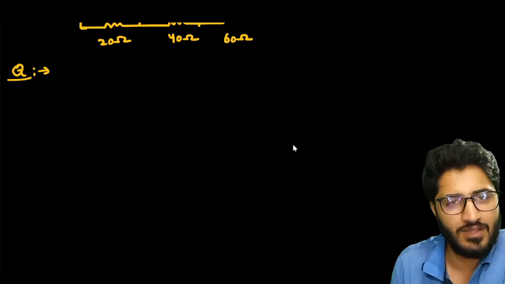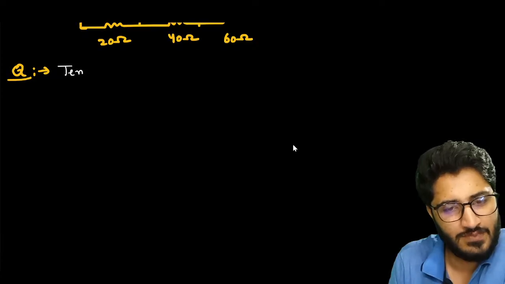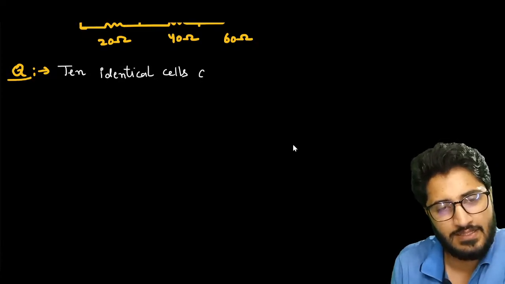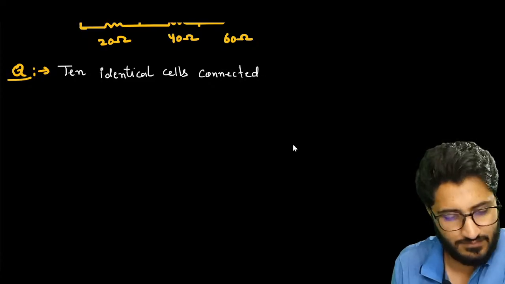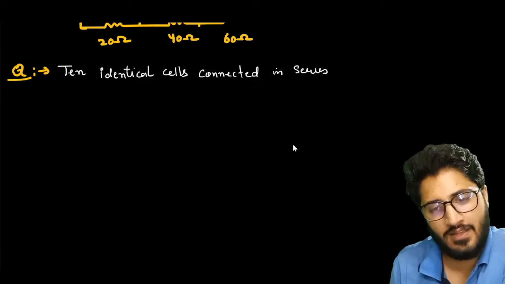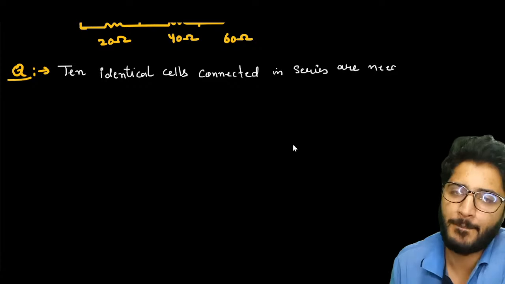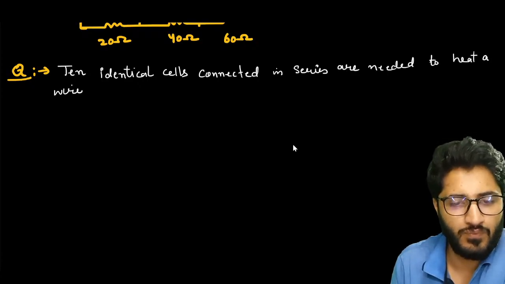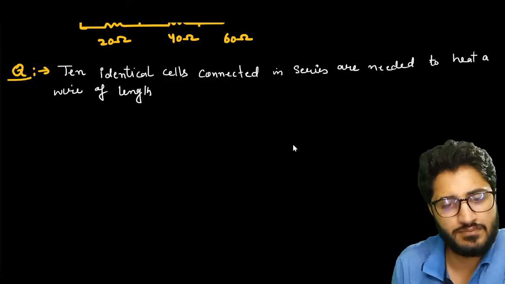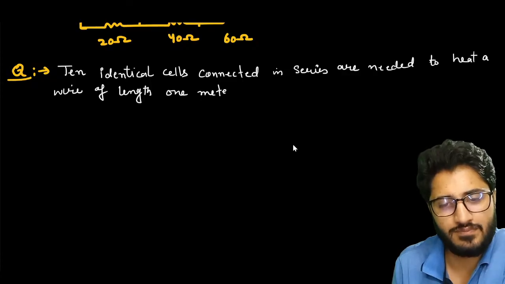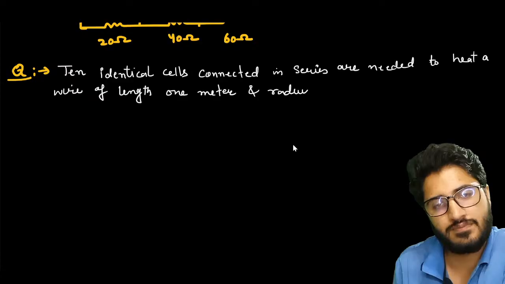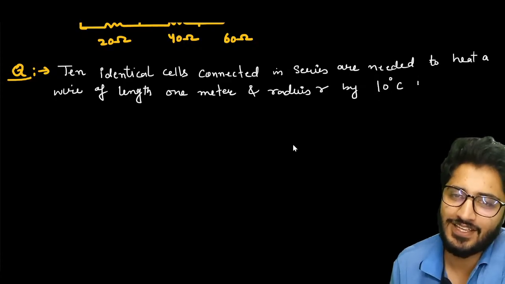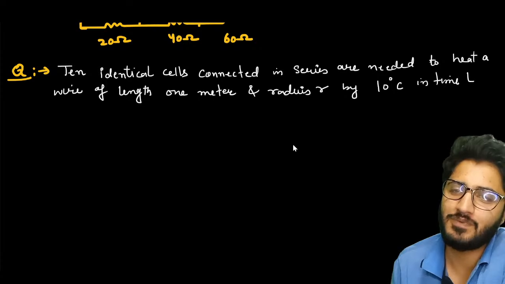I will write here: 10 identical cells connected in series are needed to heat a wire of length 1 meter and radius r by 10 degree Celsius in time t.